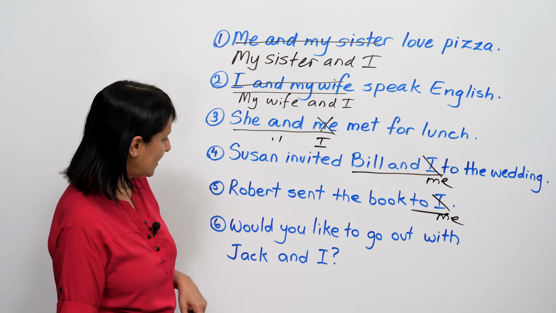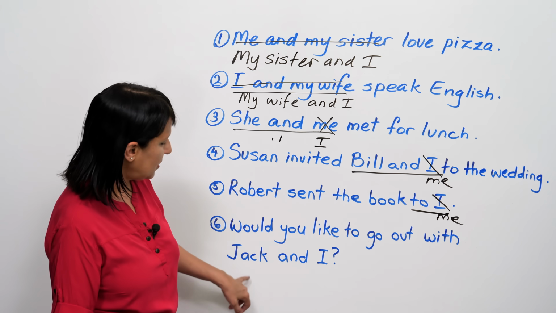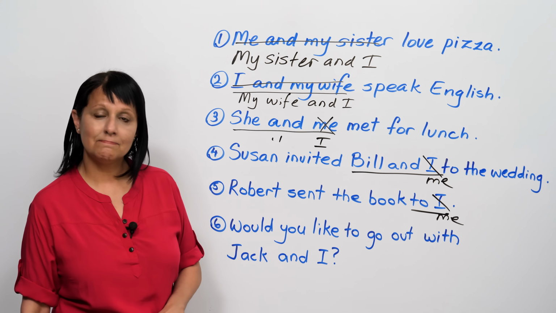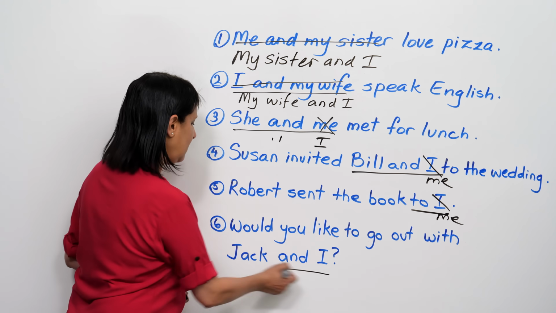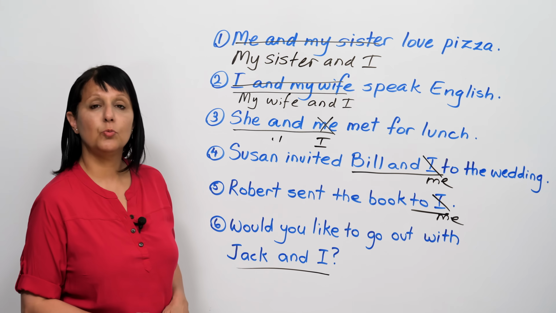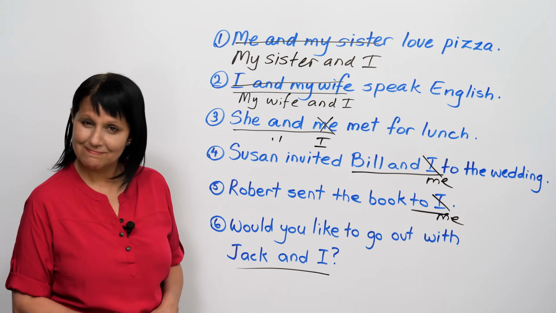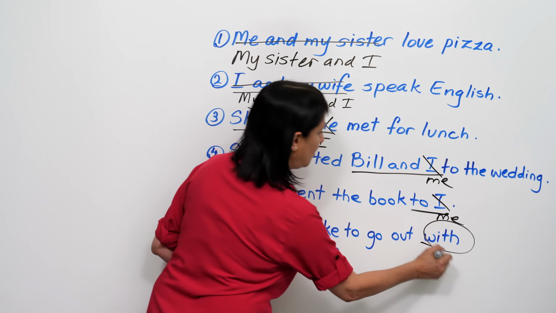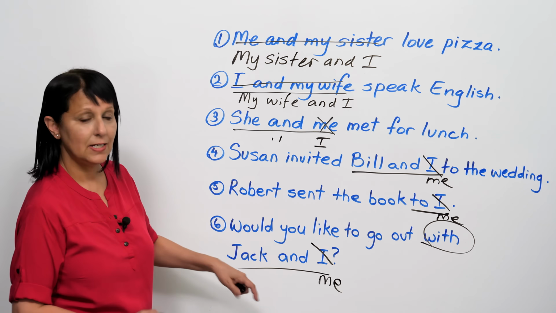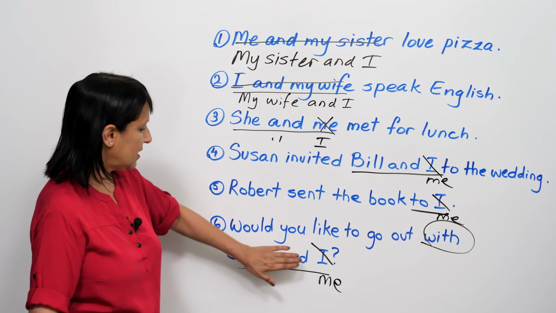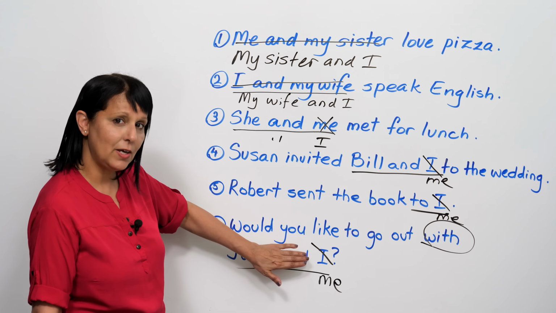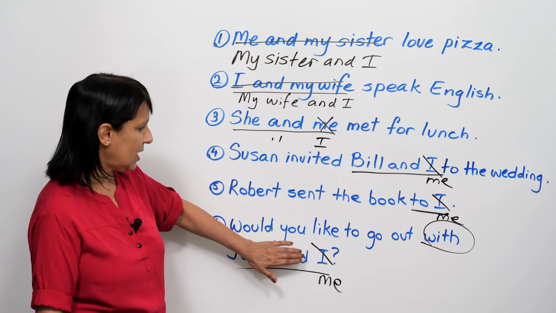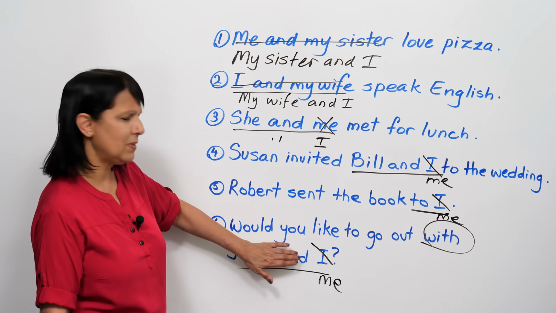Number 6. Would you like to go out with Jack and I? So we're looking at this part here. Would you like to go out with Jack and me? Okay, again, we had with, okay, with me. If you're not sure, just take out Jack and, right? Take out those other people and just say, would it be right to say with I?